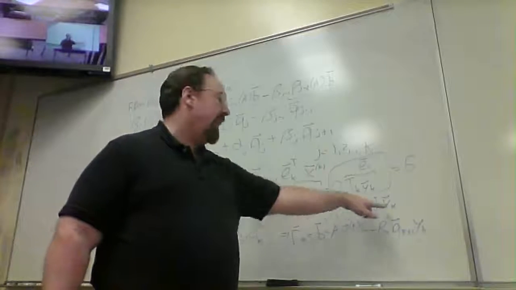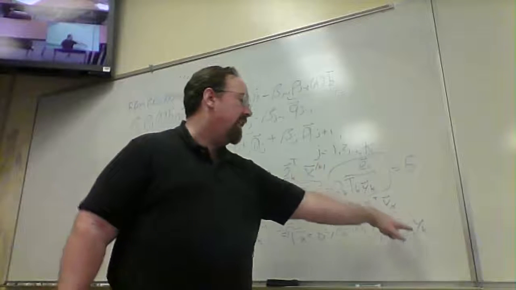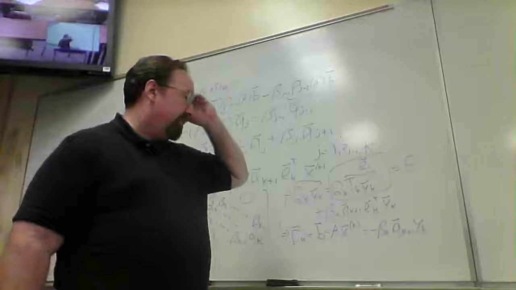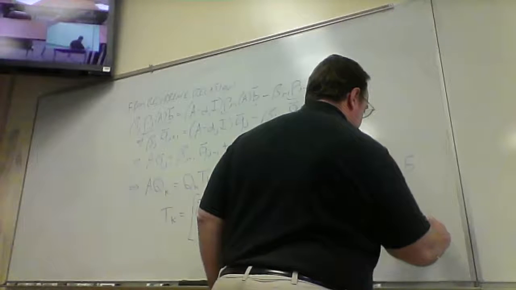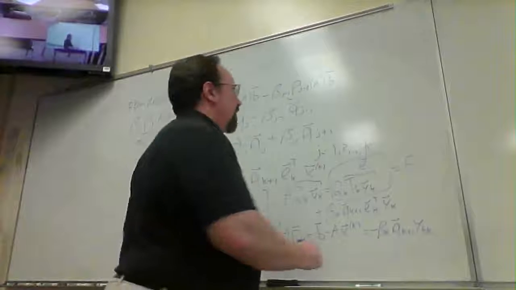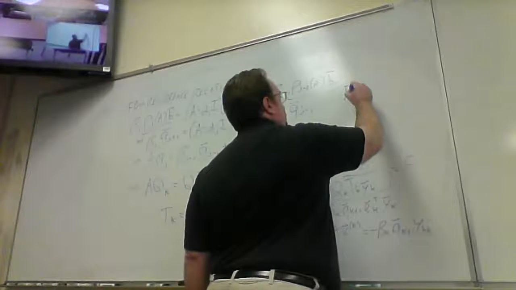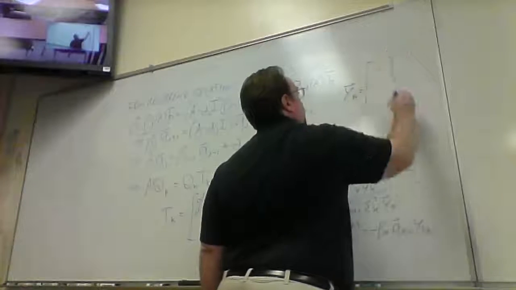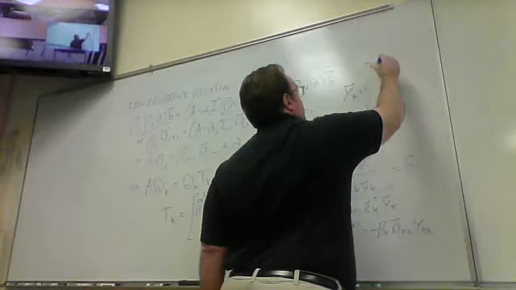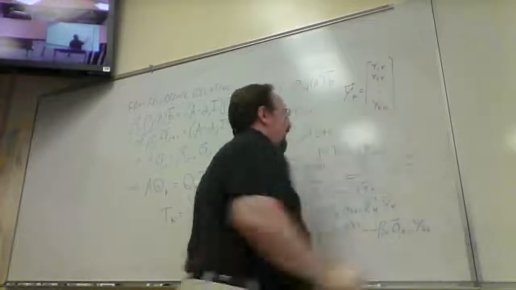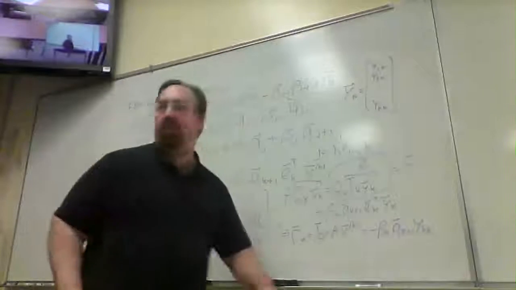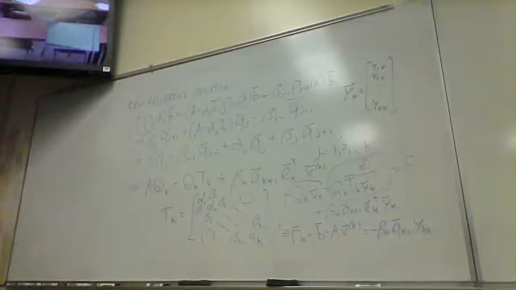It's just going to pick off the last component of this vector yk, which I'm going to call ykk to be a little clearer. So I'm going to say that yk is y1k, y2k, and so on down to ykk. So that's what we have down here. Okay.